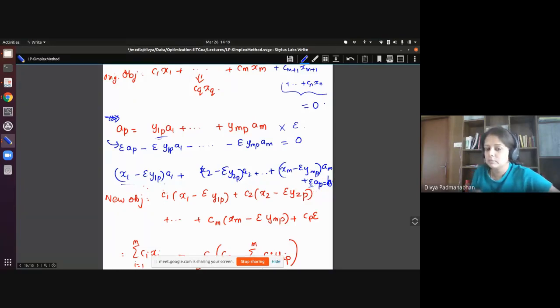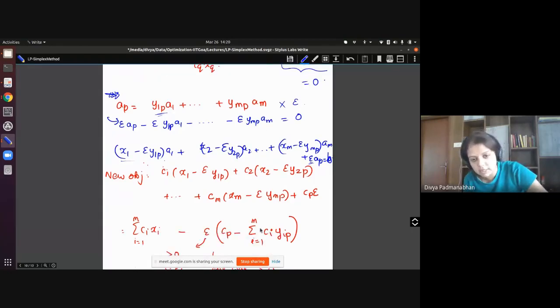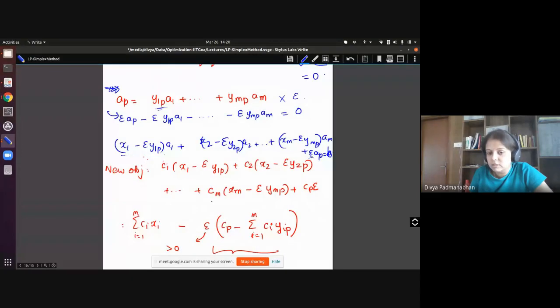For this kind of solution, the objective is C1 times x1 minus epsilon y1p, plus C2 times x2 minus epsilon y2p, and so on. For the pth variable, the coefficient is Cp times epsilon.